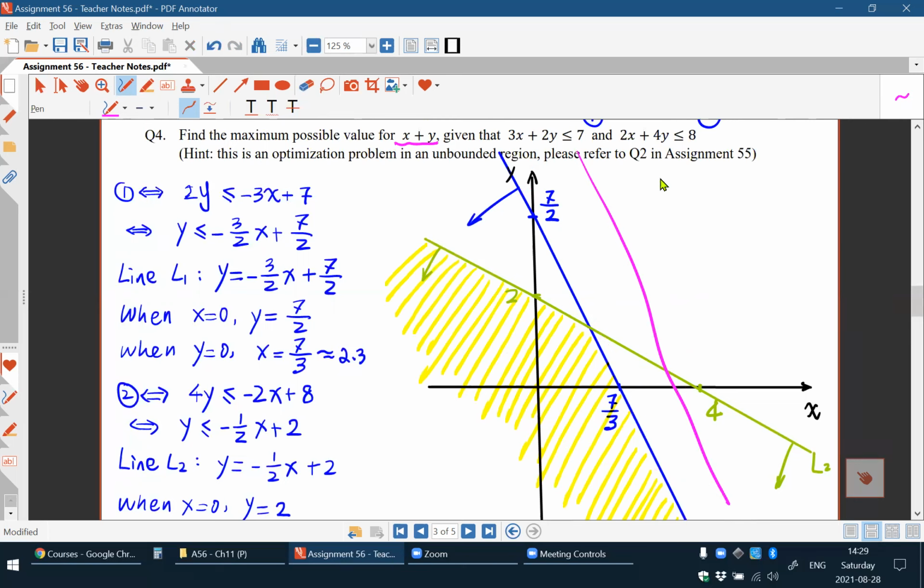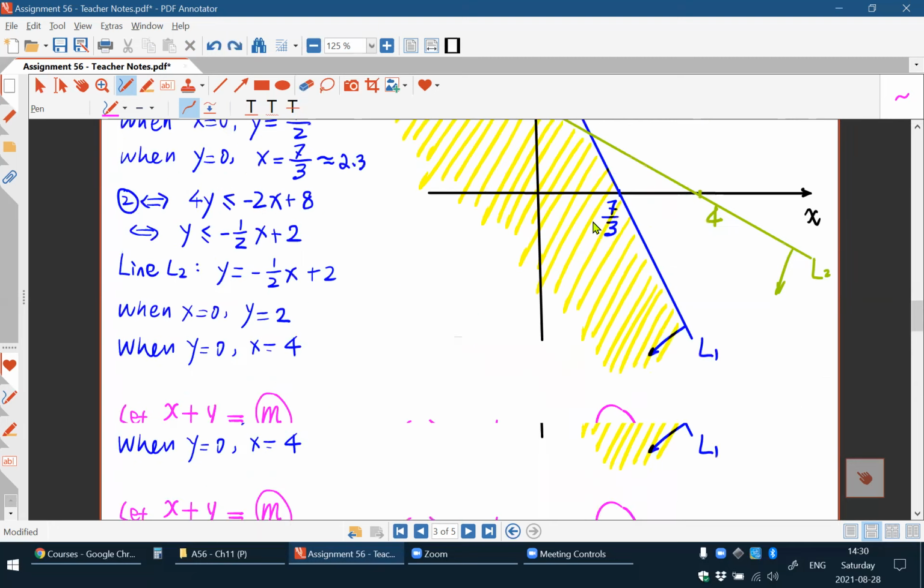Or if this line has a slope like this, which is steeper than the blue line, in order to get a maximized y-intercept, it seems that in this case, the line should cross this point, right? So first of all, we need to compare the slopes of these three lines.